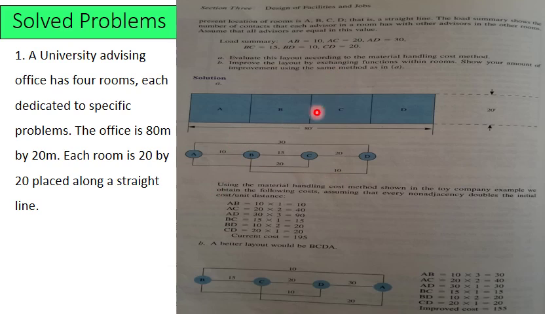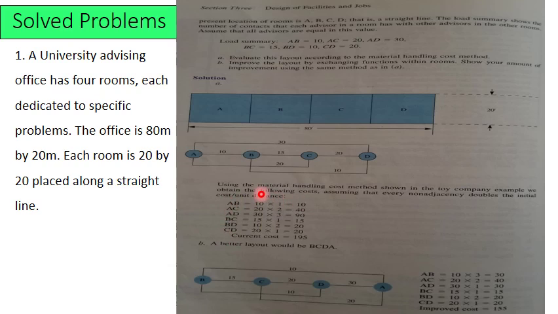So let's assume that in order to move from A to B, the cost is 1. From A to C, the cost will be 2. And from A to D, the cost will be 3. So these are the costs, and these are the dimensions, the lengths. And from A to B, there are 10 interactions, so 10 frequency times 1 will be 10.